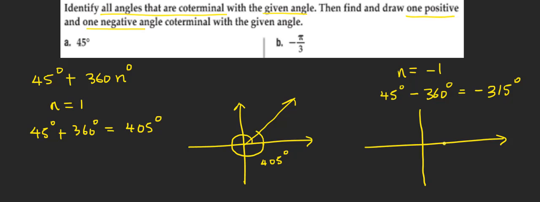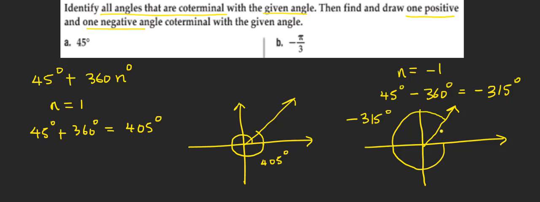So this is going to be negative 90, negative 180, negative 270, and then we need 45 more to get to negative 315. So this is negative 315 degrees.